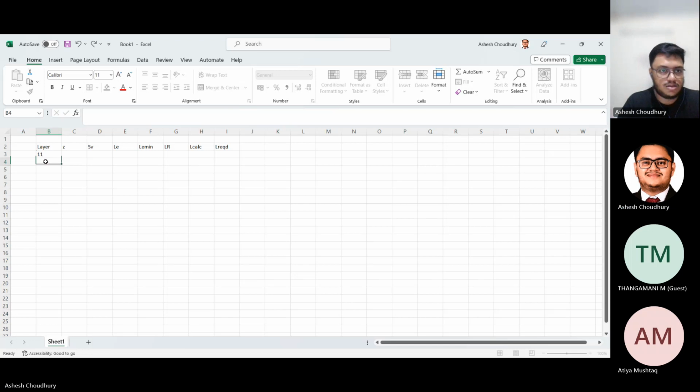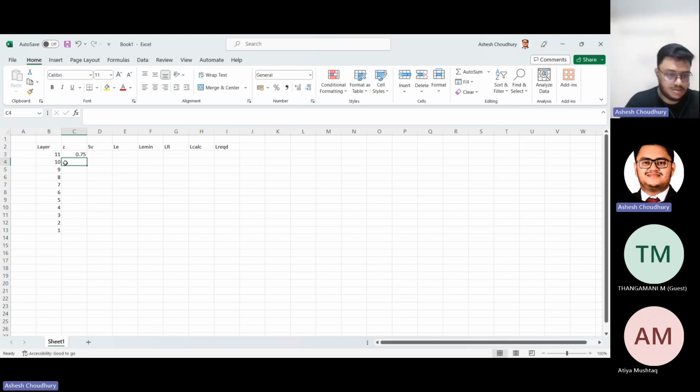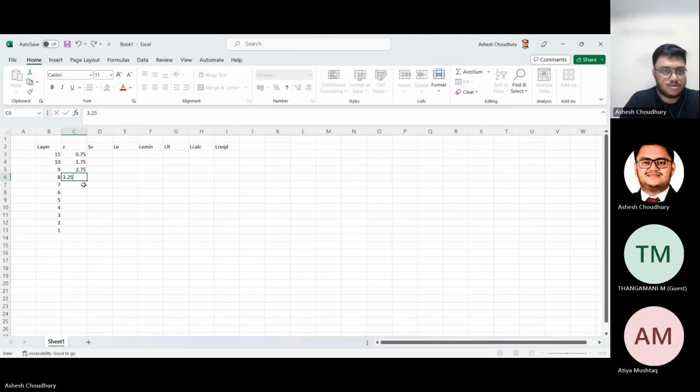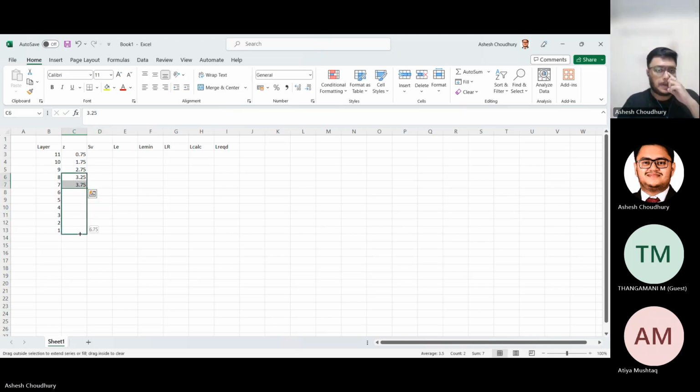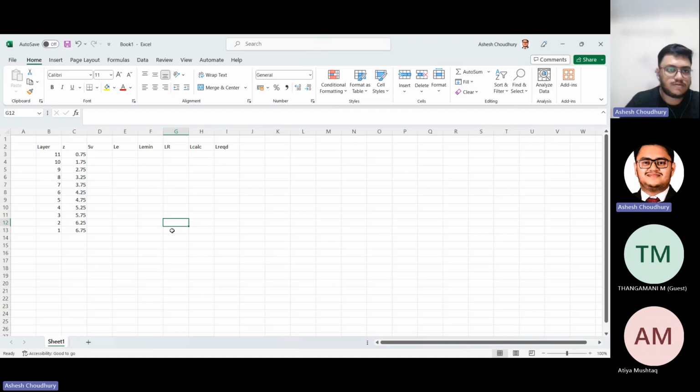Then set 0.75. So 5, 5, 5, 3. Right, so yes, we should give a bit of 0.75.